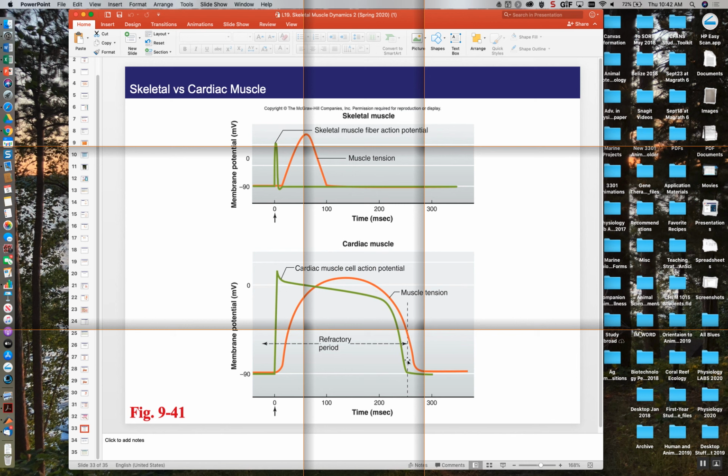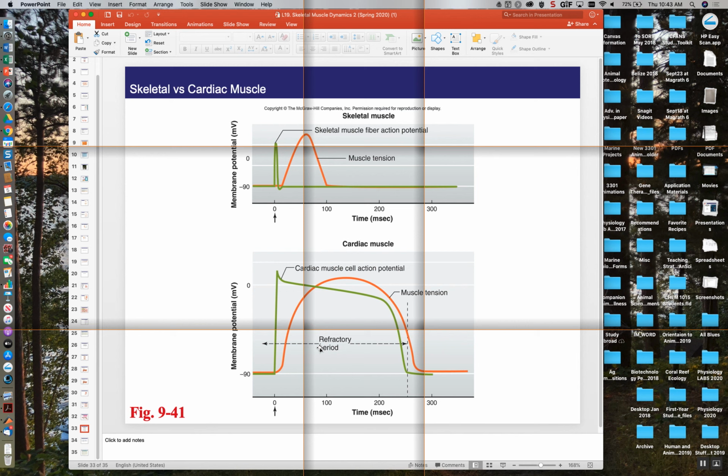And then it repolarizes. The duration, instead of 5 milliseconds, is 250 milliseconds. That's a huge difference. That causes the refractory period to be as long as the contraction itself in the heart.